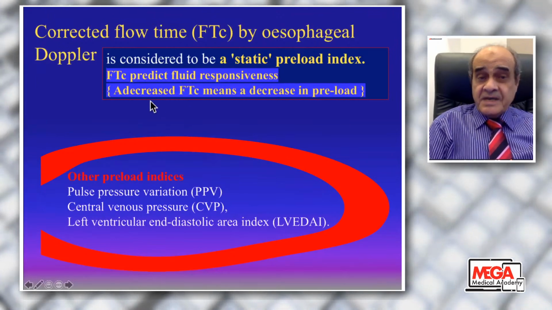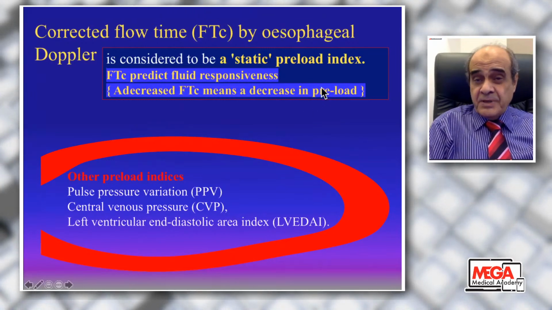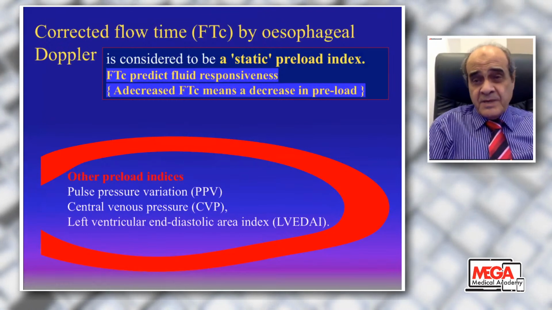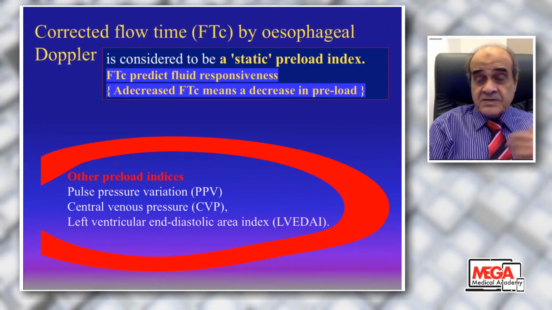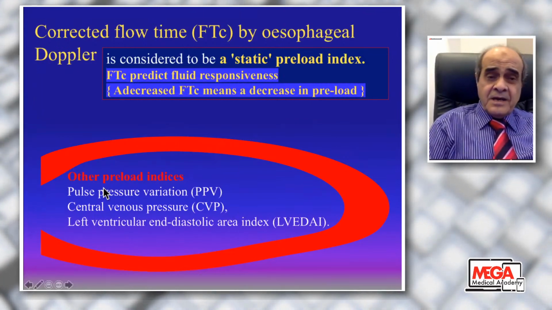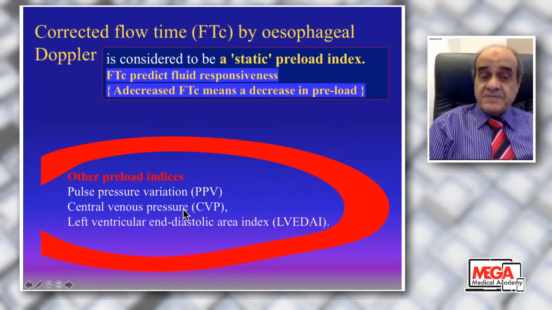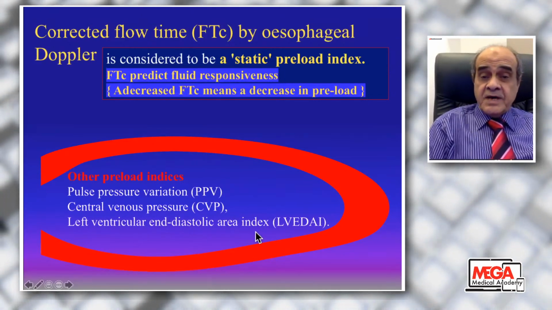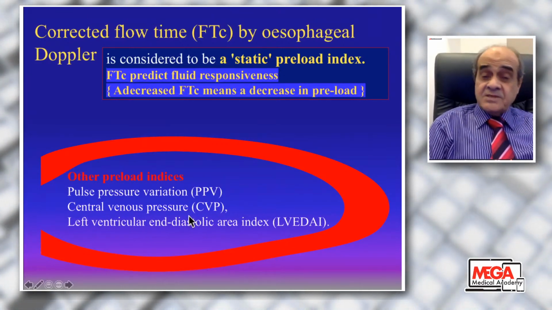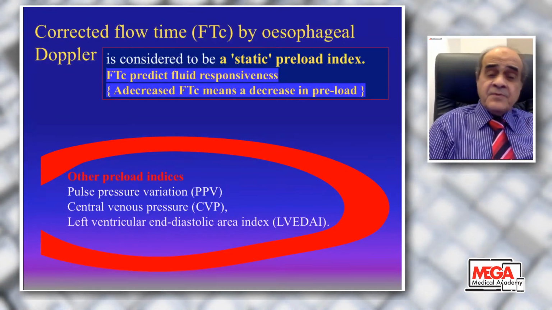A decrease in the corrected flow time means a decrease in the preload, and so we have to give fluids. As we know, we have many methods for evaluating the intravascular volume in the ICU patient or critically ill patient, like pulse pressure variation, blood pressure variation, central venous pressure, left ventricular end diastolic area index, PiCCO, LiDCO, and IVC, which is very important through Doppler detection, and perfusion index.